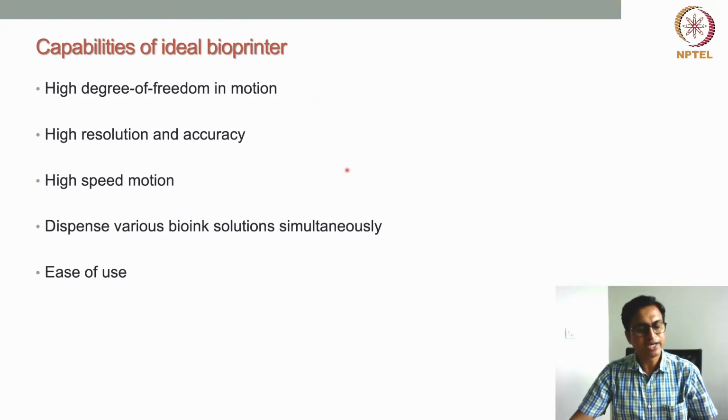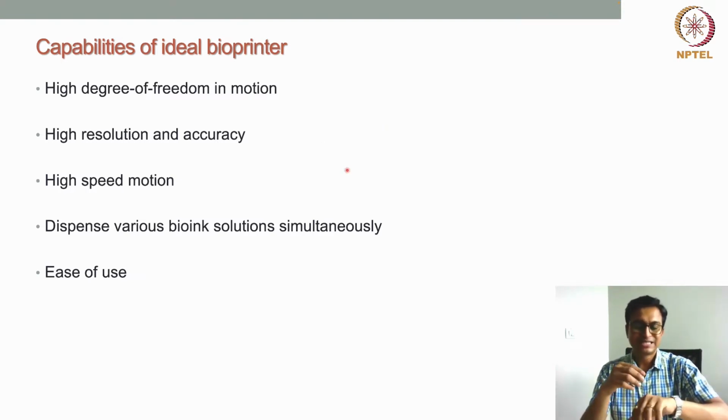The other thing is I need very high resolution and accuracy. If I want to accurately print a tissue structure mimicking the native architecture or native microstructure, then I need accuracy and high resolution, so that I can print the very fine intricate details of a particular tissue.